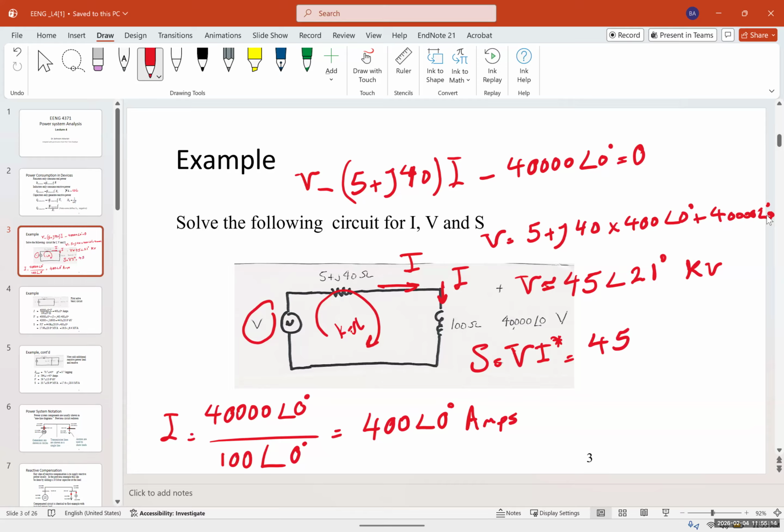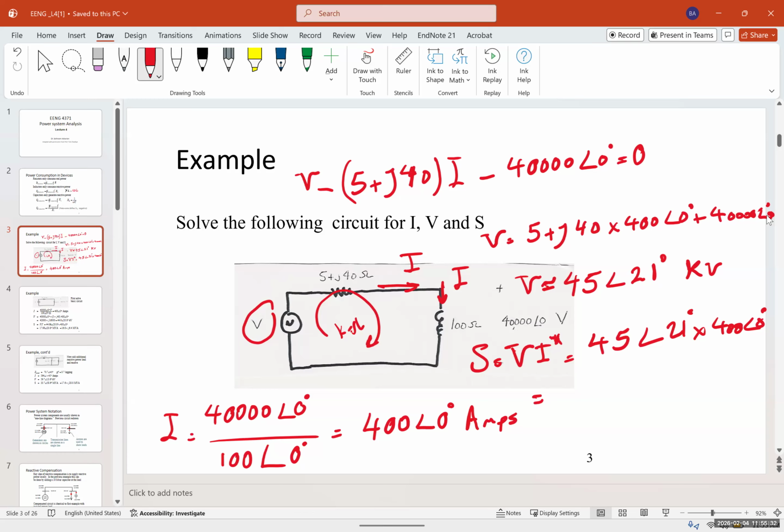So 45 kilovolts with a degree of 21 degrees times 400 amps, I'm sorry, with a degree of 0 degrees. It doesn't make any difference.